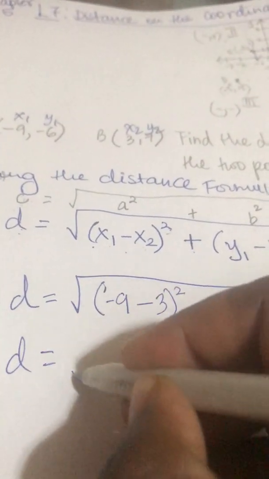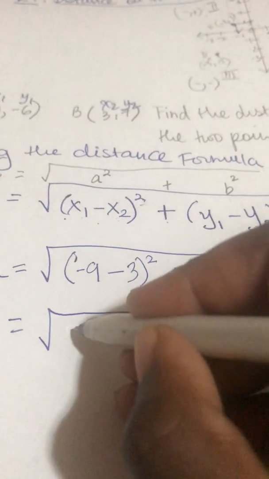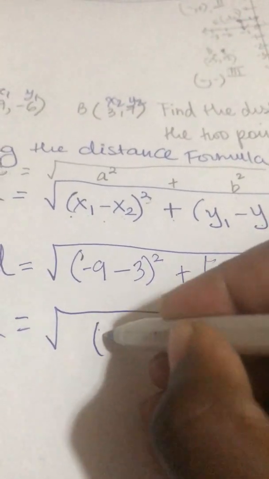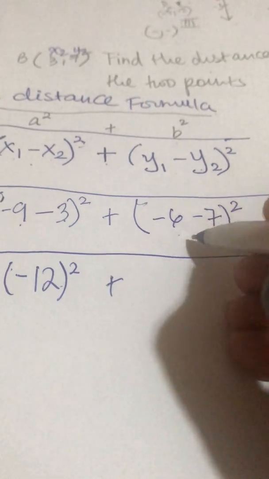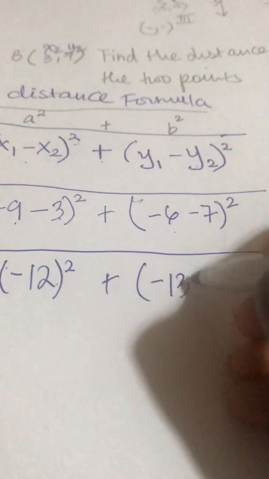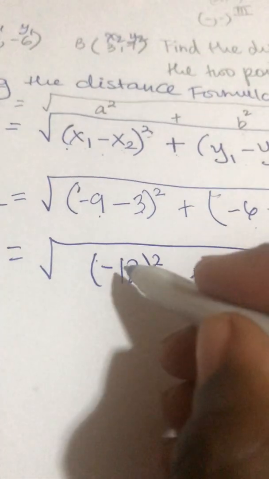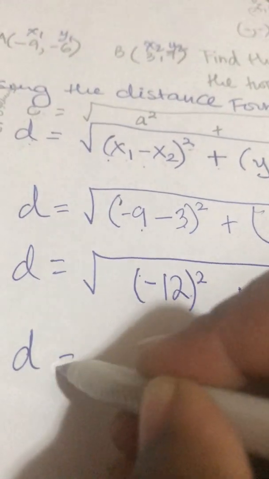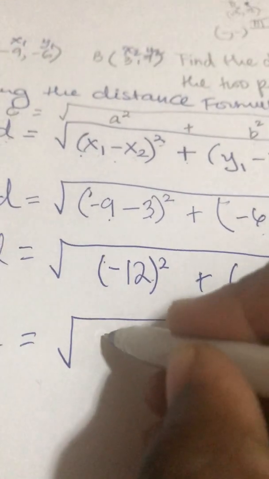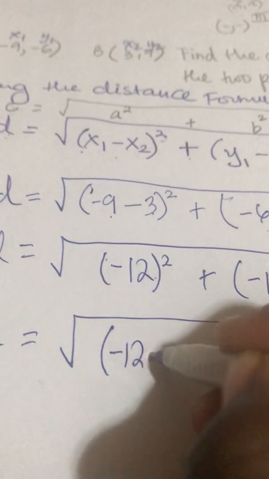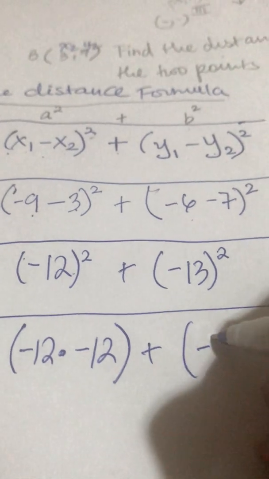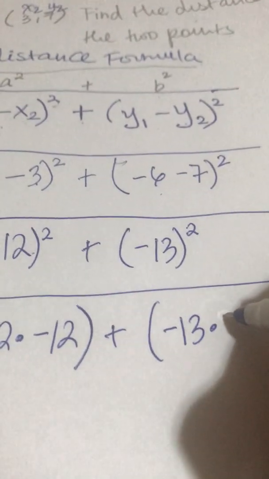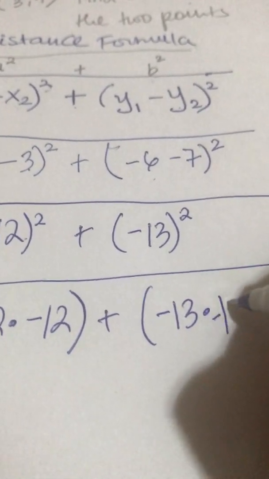This is the square root of (-12) squared, -9 minus 3 is -12, plus (-13) squared. Okay? D is the square root of -12 times -12 plus -13 times -13.